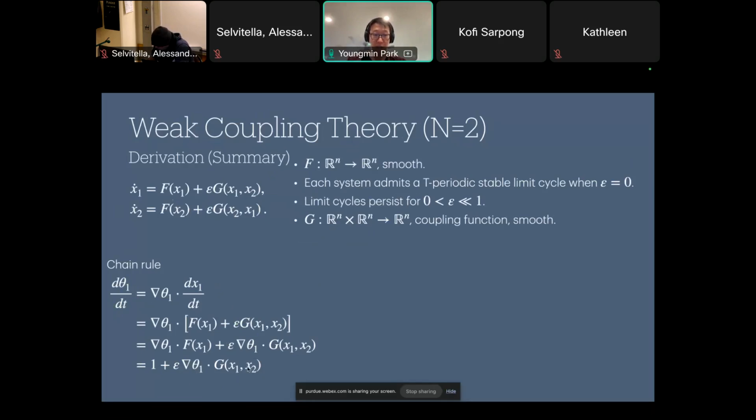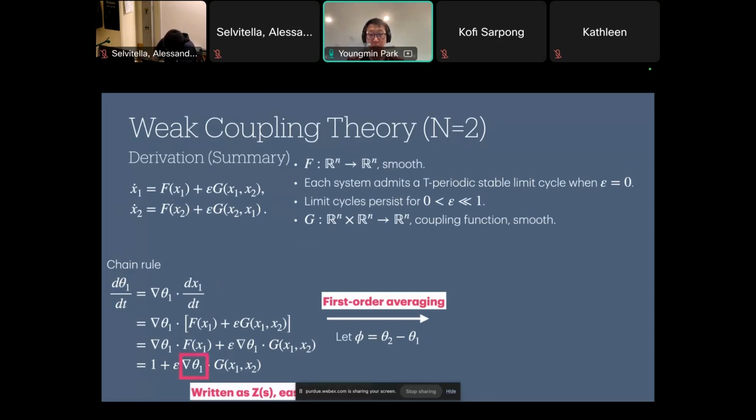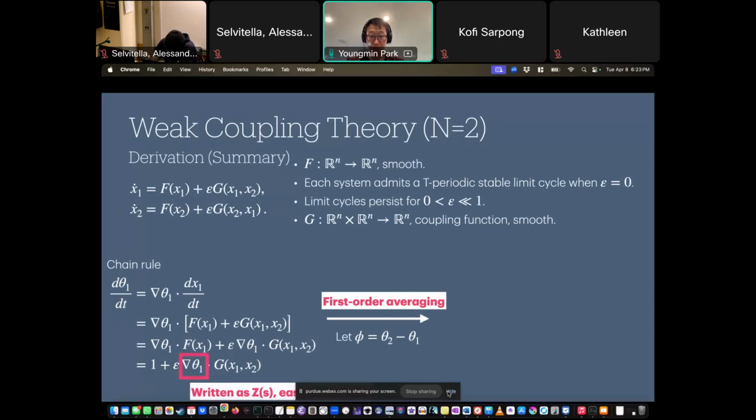So imagine if epsilon is 0, if you have no coupling, then the phase of each oscillator will advance at a constant rate. And when epsilon is non-zero, the phase will still advance at a constant rate, but it'll get altered based on what's coming in from the coupling term. And I'm waving my hands a bit, but we can apply first order averaging and define this phase difference variable.